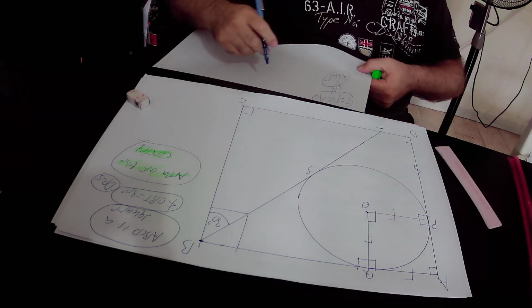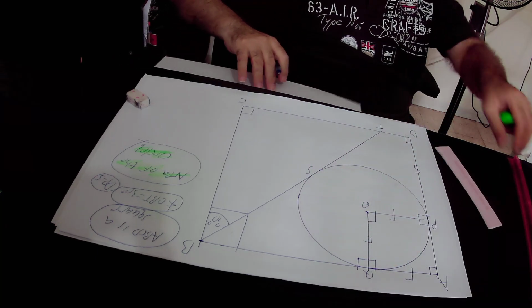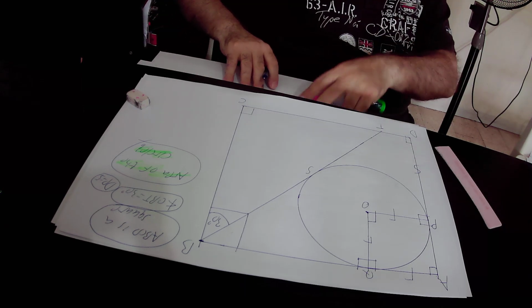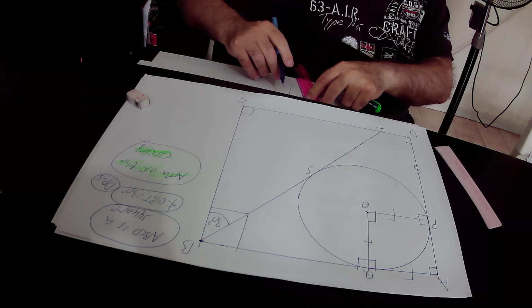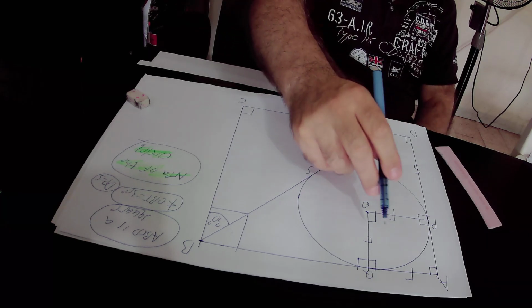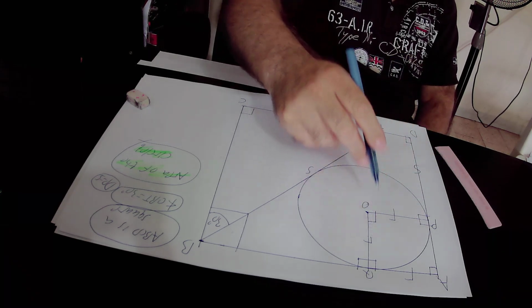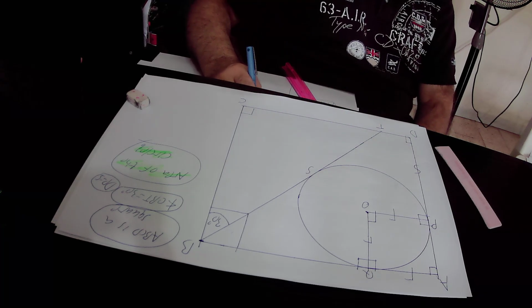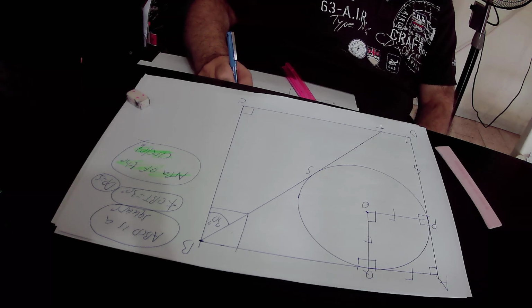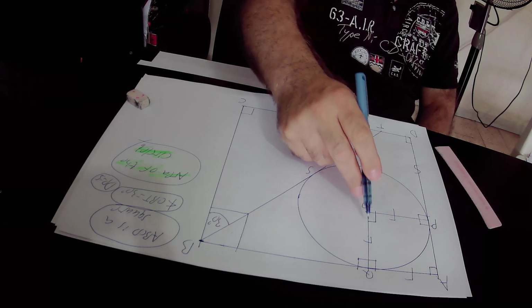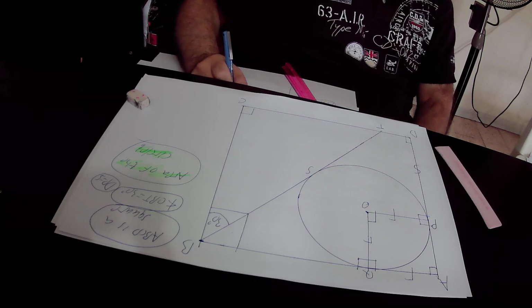Likewise, according to the same rule that the opposite sides of a rectangle are equal to each other, we get that AP equals QO. But we have already found out that QO equals R. It is the radius of the circle.